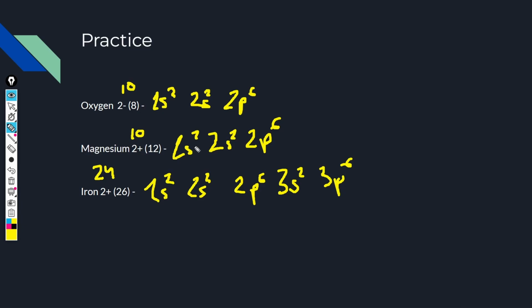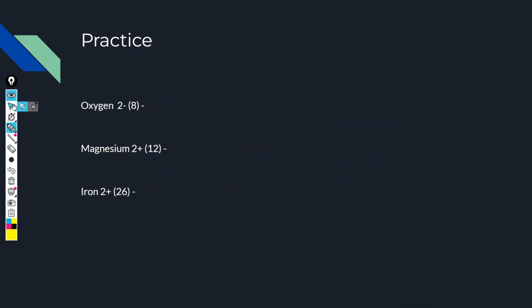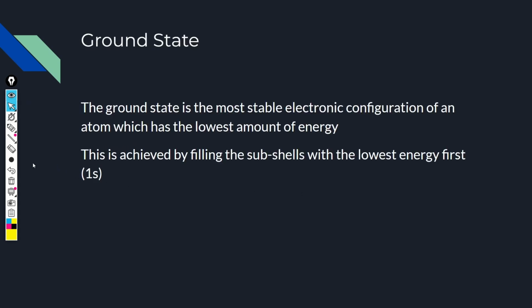You need to remove from the most energized orbital. So we'll have to remove it from the 4s first. So we have 4s2 before, and they're cancelled out because we're removing 2 electrons. So the only thing we have left is the 3d6. So that's how you do it for that. Just remember you have to remove the 4s electrons first, even though they have less energy.